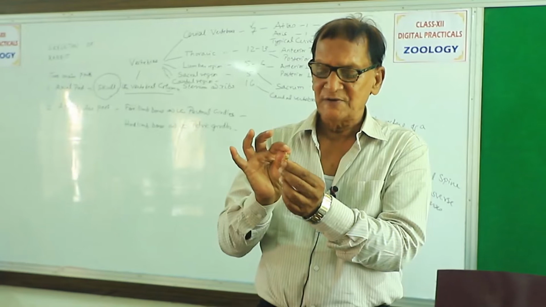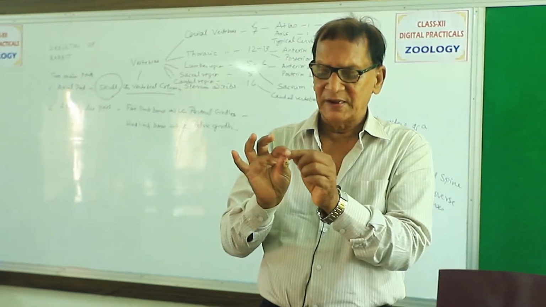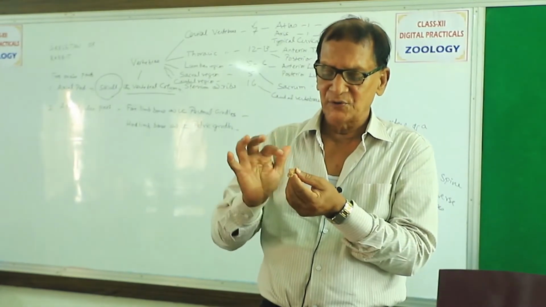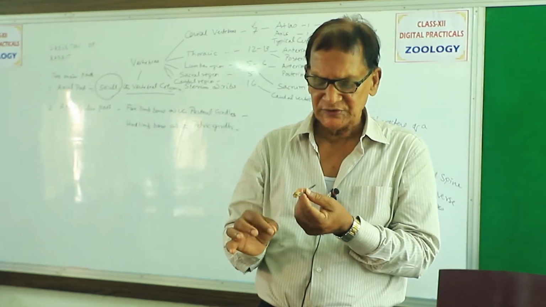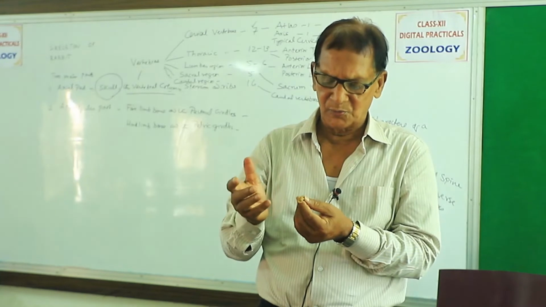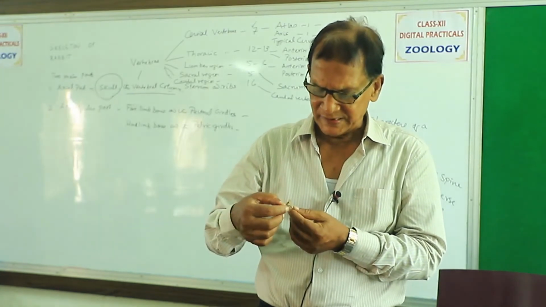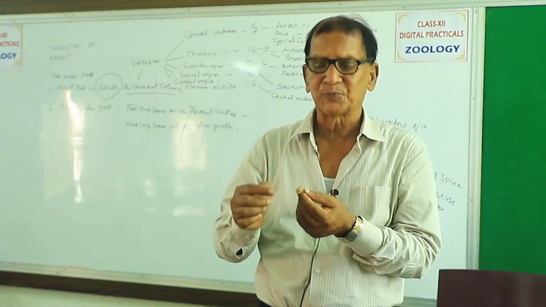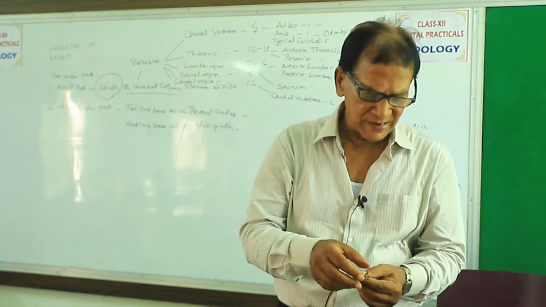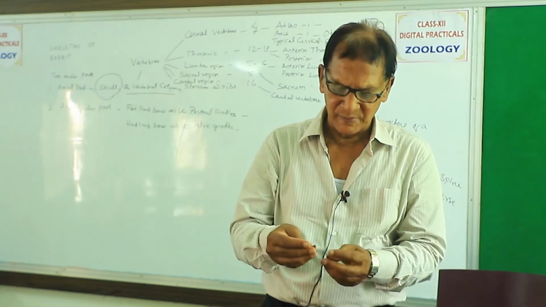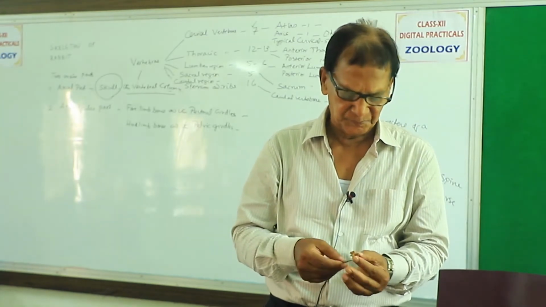So, centrum, neural canal, neural arch, neural crest, reduced transverse processes, or altogether almost they are absent. Then entirely we have this odontoid process in the axis. Together, atlas and axis form a pivot joint.